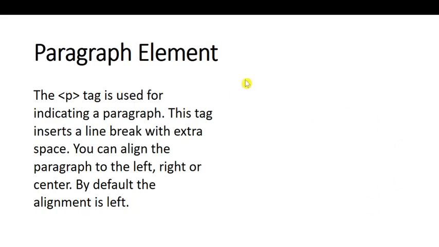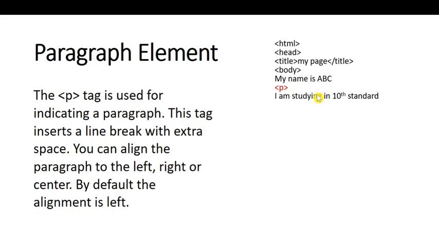So how do we write the source code for this paragraph tag? We write the source code in a similar fashion here also. We write HTML, then head, then title, then body, then my name is ABC. This is the text, then the P tag, because after this text we want to give a paragraph. Then I am studying in 10th standard.